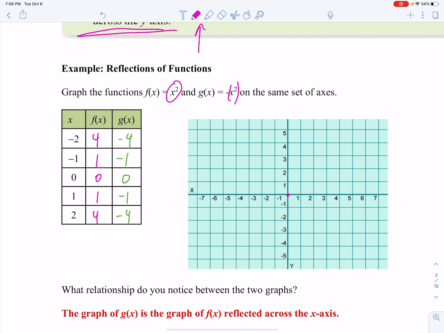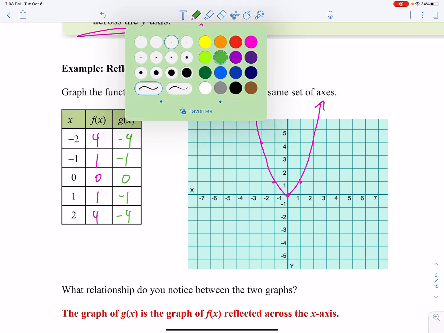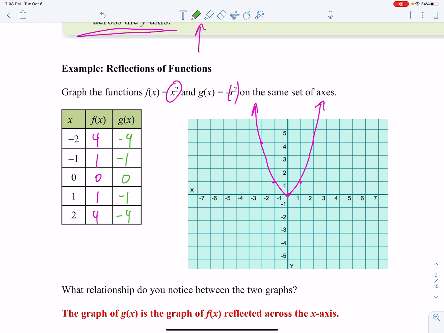So we've graphed a regular x squared parabola several times now, so we know what that looks like. I know mine's a little bit off, but do your best when you draw these out. And g of x is actually, you'll see, just the flip over the x-axis.